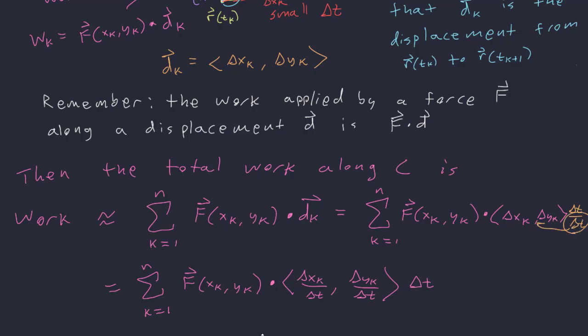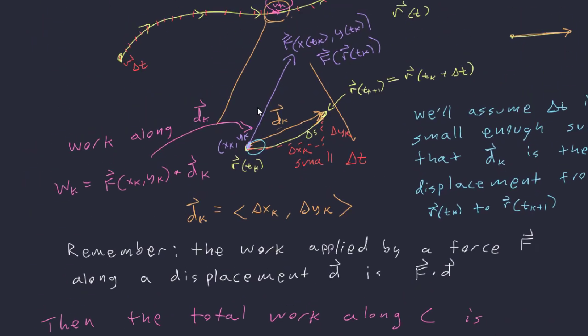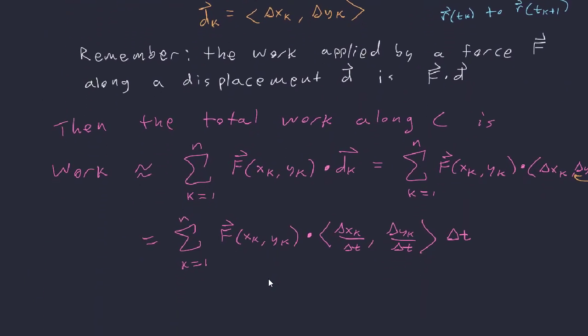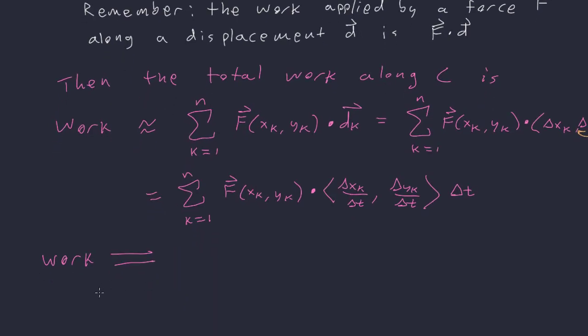Okay, then if we take the number of pieces that we chop up, let n go to infinity, or we let delta t go to 0. So the work will actually equal, when we take the limit as either n goes to infinity or delta t goes to 0, this sum becomes an integral.